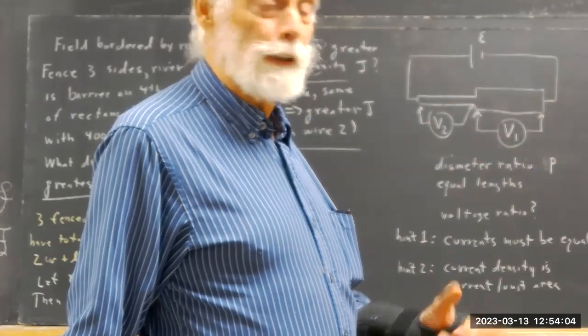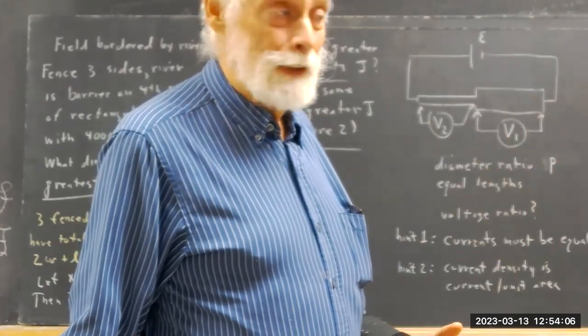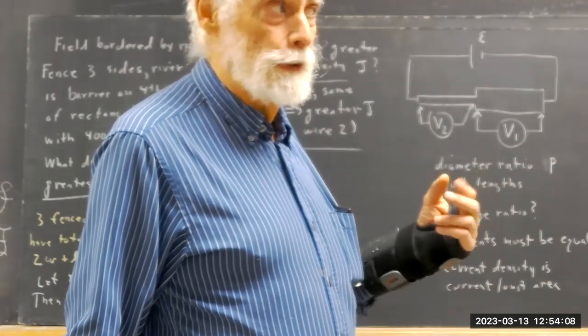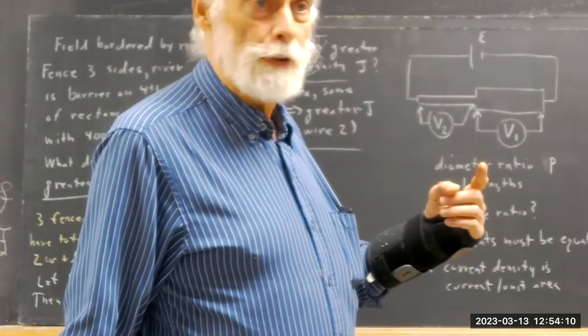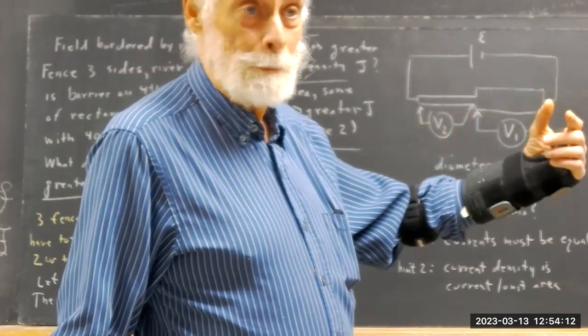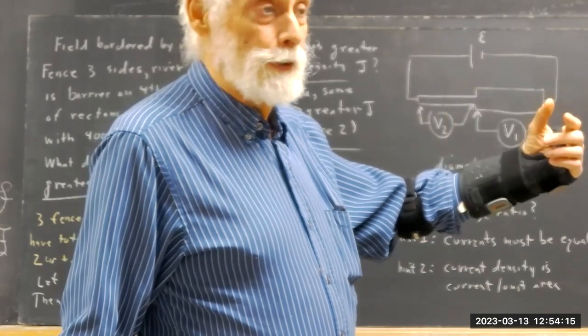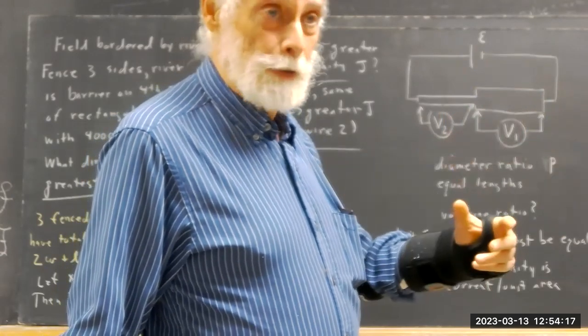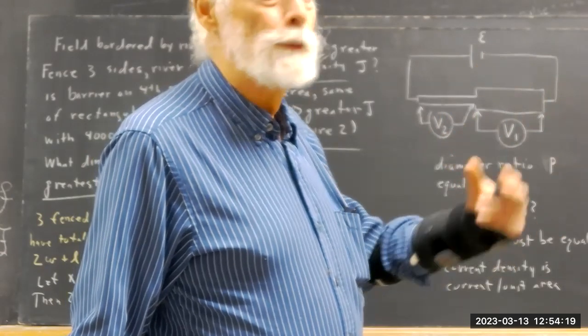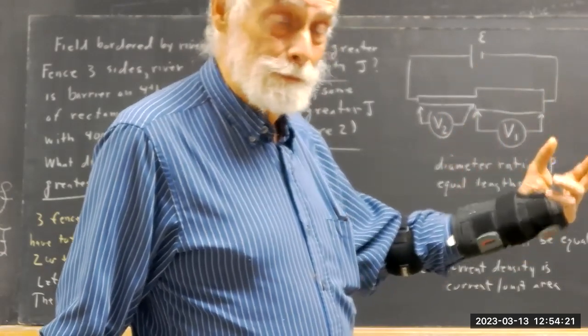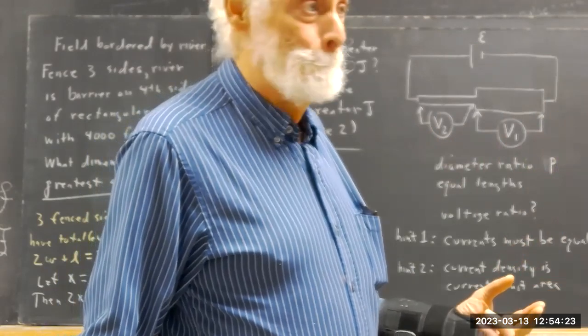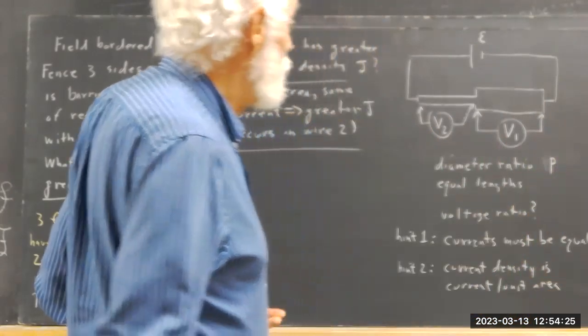For copper, I finally looked it up, and it turns out that even though copper has a valence of 2, only one of those electrons makes it into the conduction band. So the number of available electrons is just equal to the number of atoms.